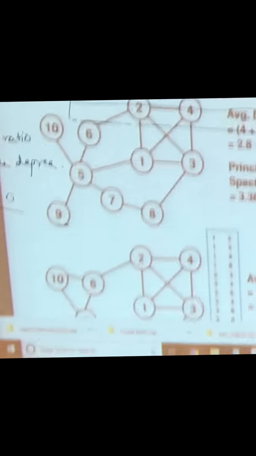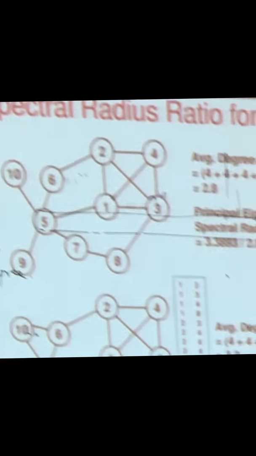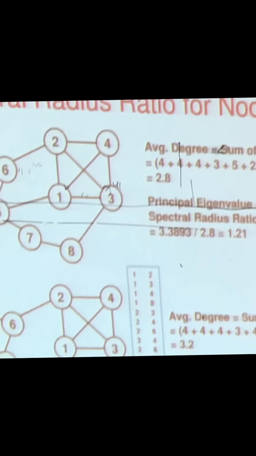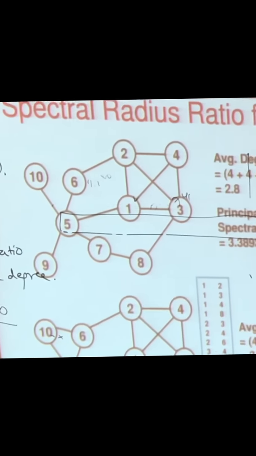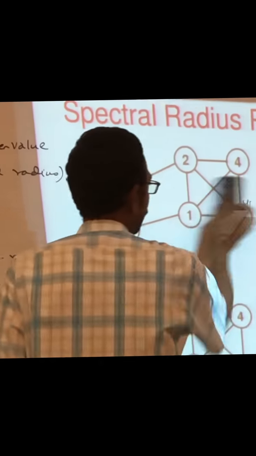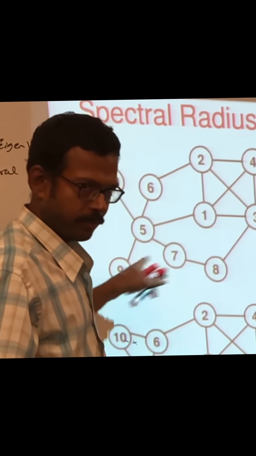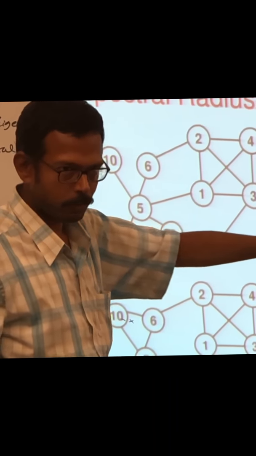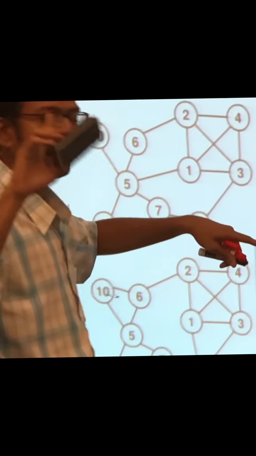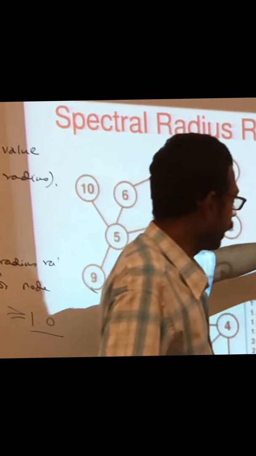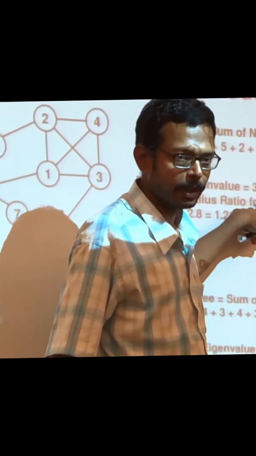Let me look at a small example and then we'll look at it further. How do we get the spectral radius ratio for node degree? Given a graph like this, you now know how to find the principal eigenvalue: type the adjacency list, feed it into that program, EVC underscore adjacency list, and find the largest eigenvalue, that's the principal eigenvalue, 3.3893.